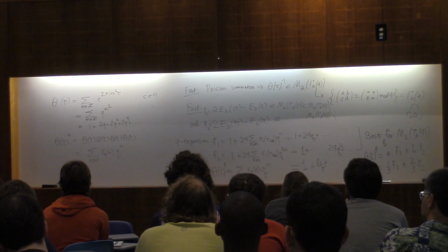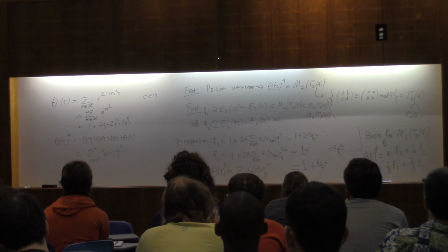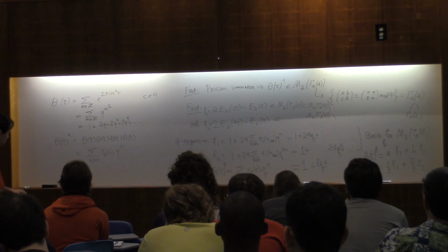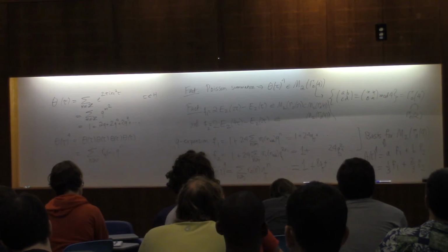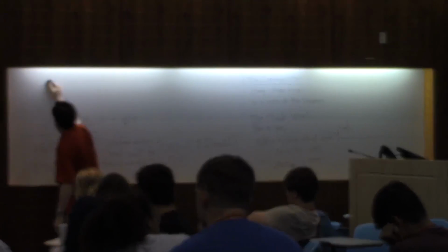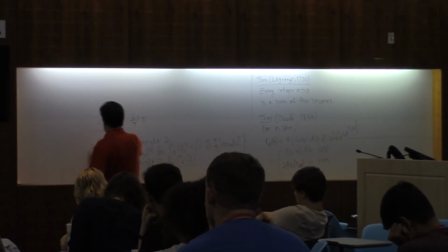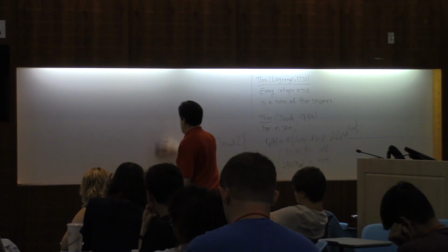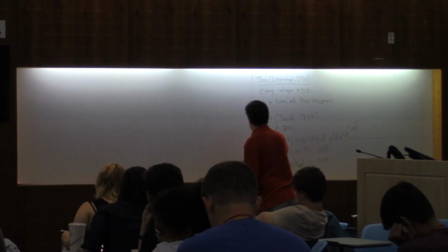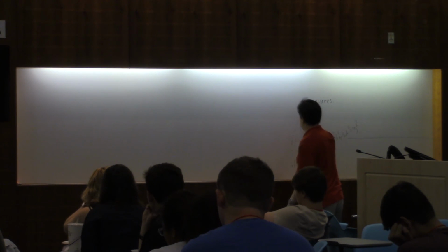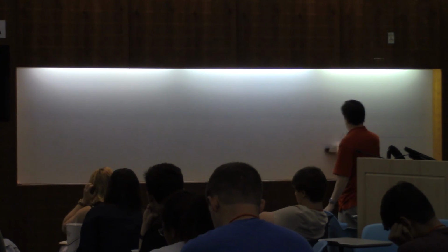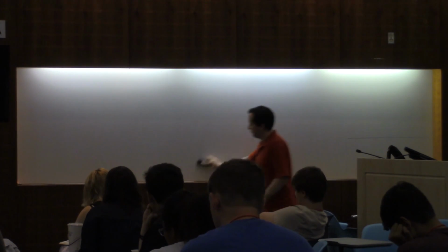So I will illustrate the dimension calculation by working out the dimension formula for the space of modular forms of each weight for the group SL2Z. We'll write out what the formula is. I'll remind you, we saw it last time. And then we'll discuss how you would prove such formulas.